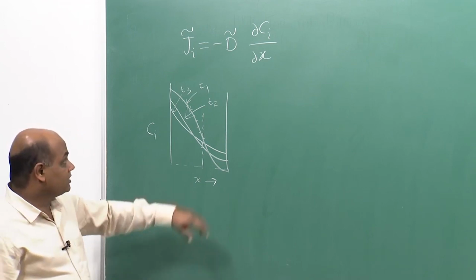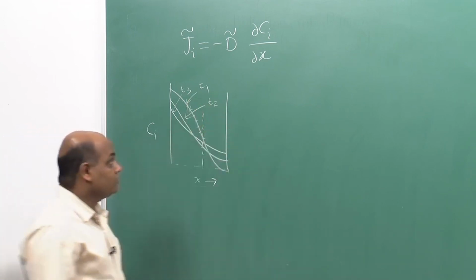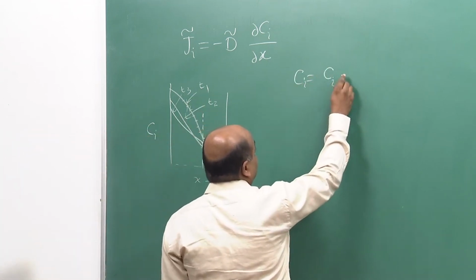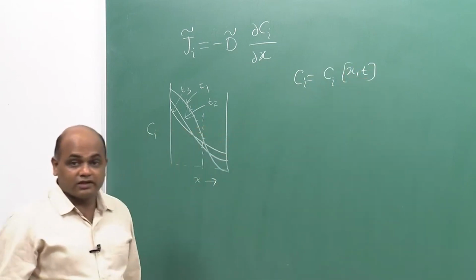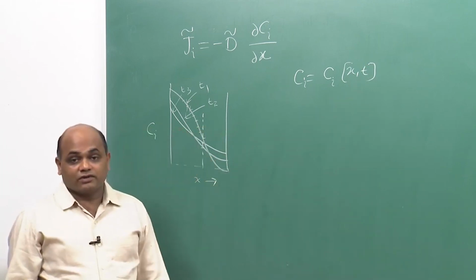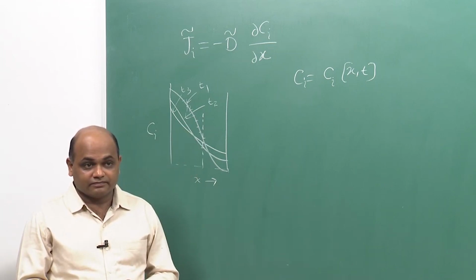In order to take into account the variation of concentration with time also, C_i, the concentration of i, is a function of x and t. In order to take into account the variation with time, we use what is called the principle of conservation of species.